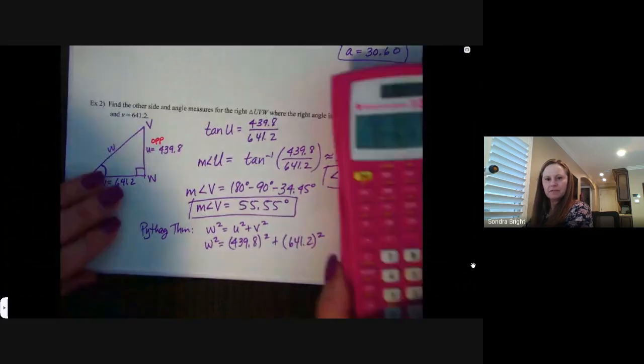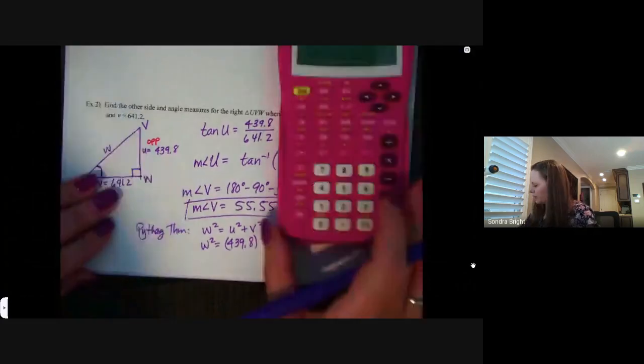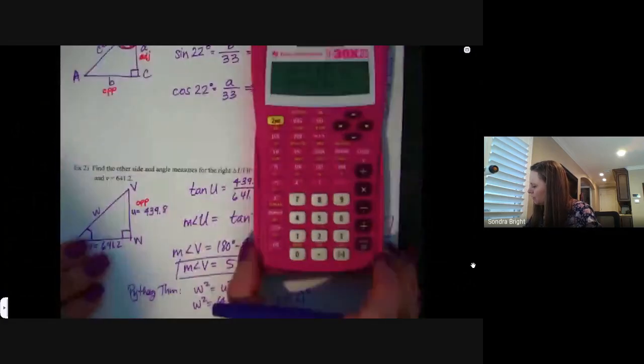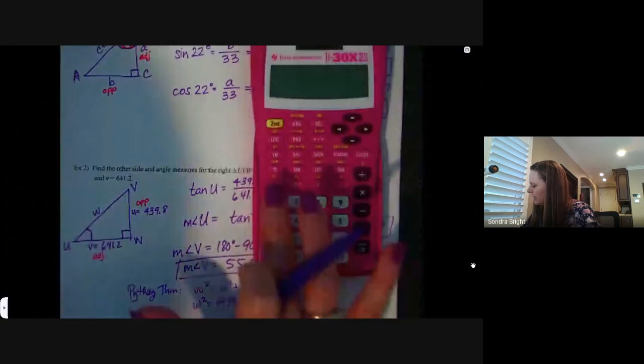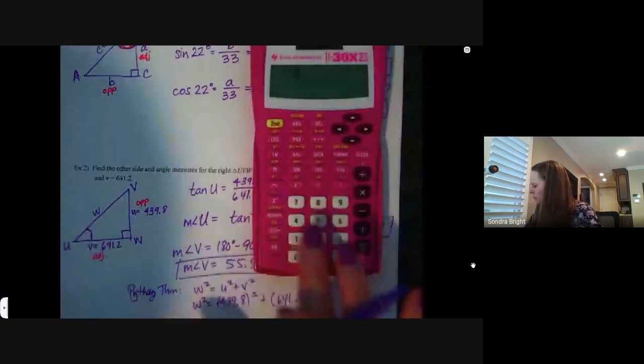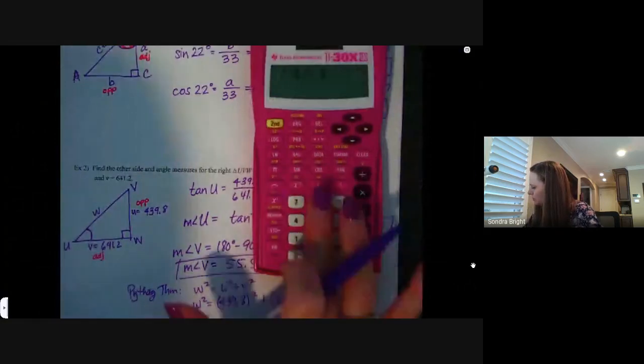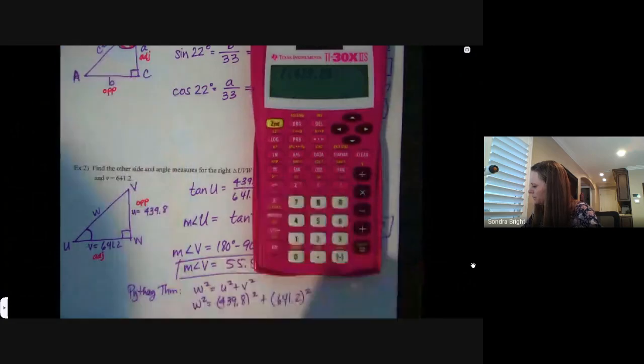Let's see if I can get it all on the same screen. There we go. Okay, so I'm going to do square root of 439.8 squared plus 641.2 squared.